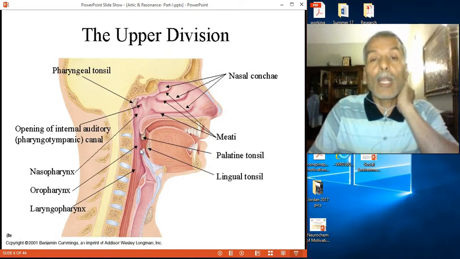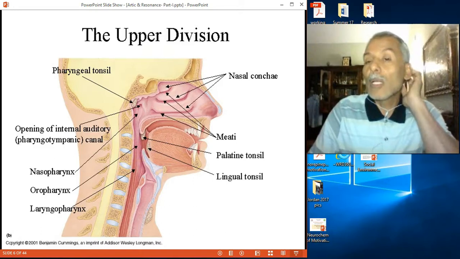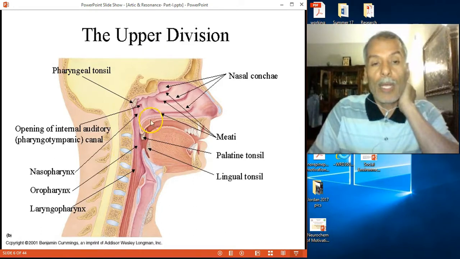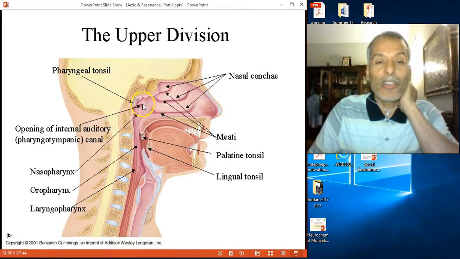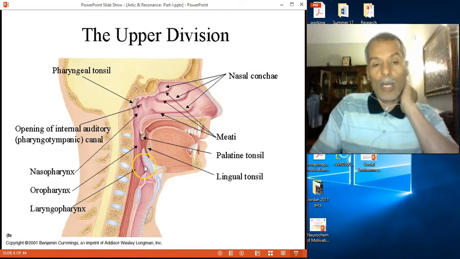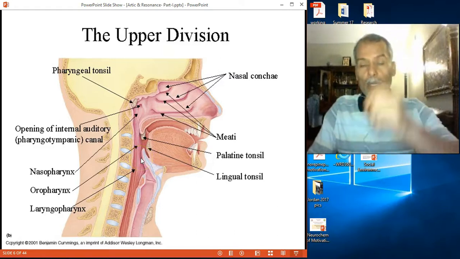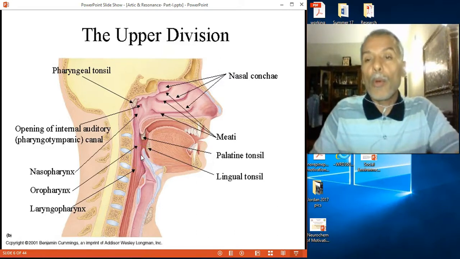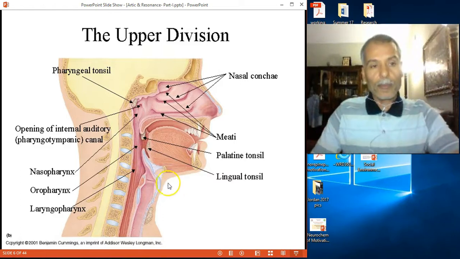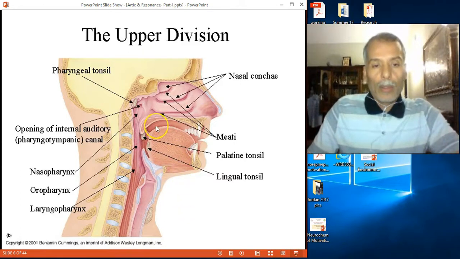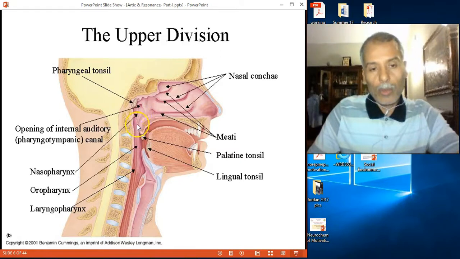But you don't say L; you just take the L out and you say oro when you combine. And then at the posterior end of the nasal cavity, because it's a part of the nasal cavity, it marks the posterior end, you call it the nasopharynx. So again, the laryngopharynx is sometimes called the lower pharynx. You could see the velum, and when it is open like this, it shows that you are breathing.